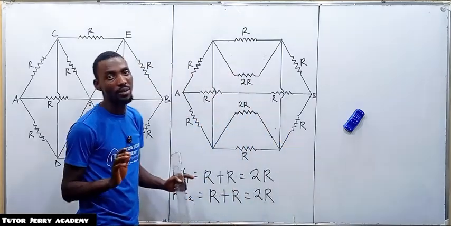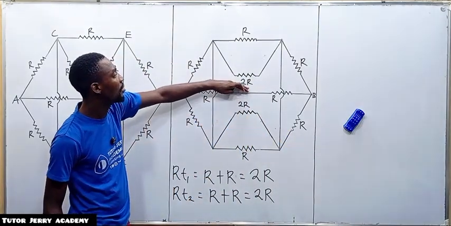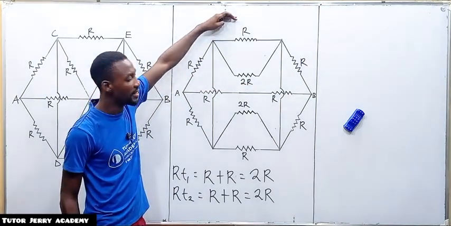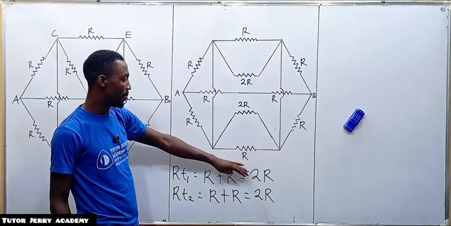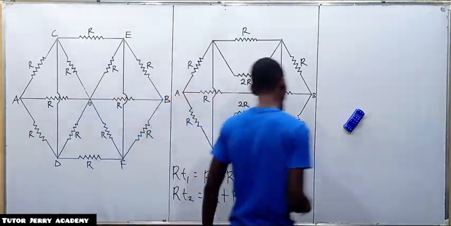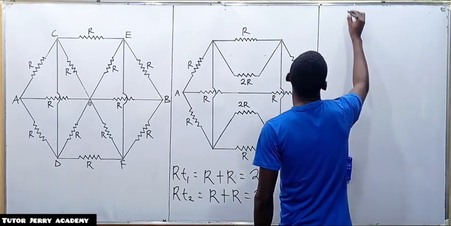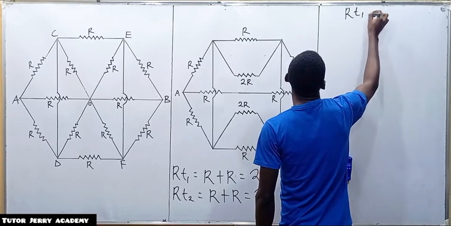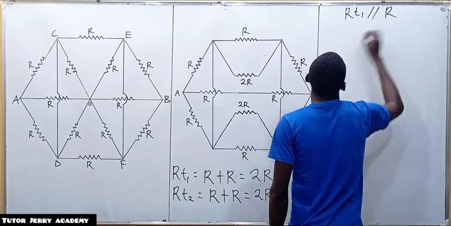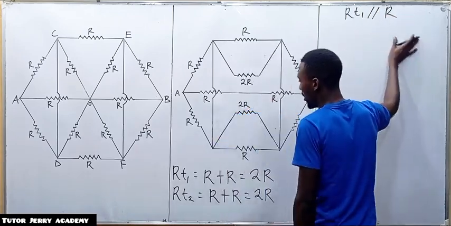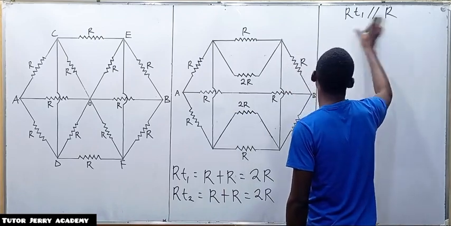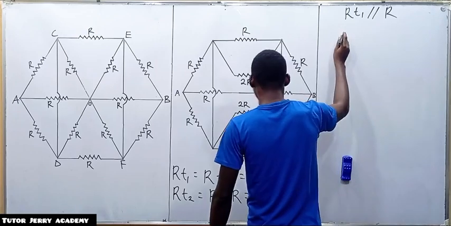Now we are going to see that this 2R is in parallel with this R. This 2R is in parallel with this R. So we are going to see that our RT1 is parallel to R. So let's call the equivalent resistance between these two RT3.